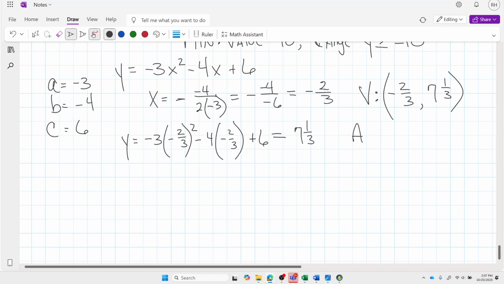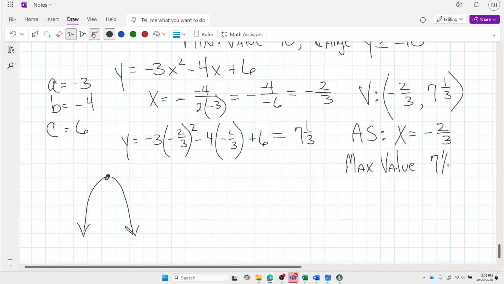Our axis of symmetry is x equals whatever x is at the vertex, so negative 2/3. Now, this a value is negative, so this graph is going to open down. So it's going to have a maximum value, all right, and our max value is whatever y is at the vertex, so our max value is 7 1/3.